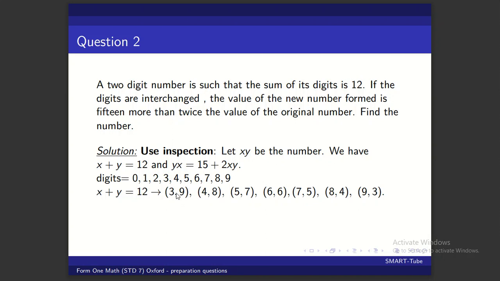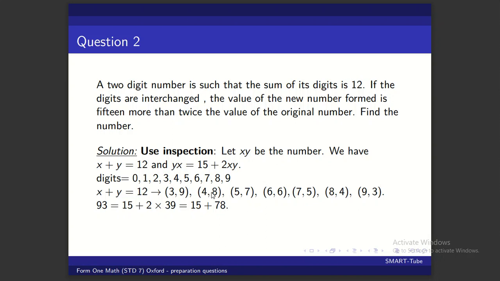That means if you interchange 3 and 9 in position, you get 93. So 93, which is yx, equals 15 plus 2 times 39, which is 15 plus 78. So you can check the second one to make sure that 39 is the number.